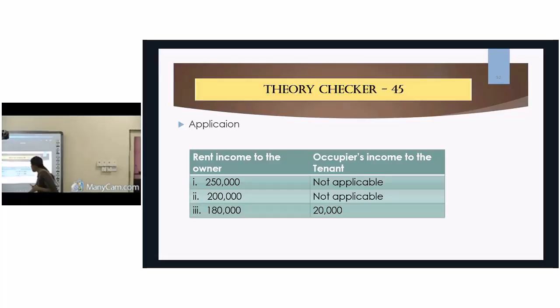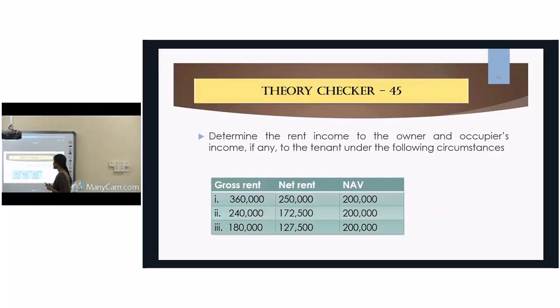Third situation is that net rent is less than the NAV, so that NAV would be the rent income, but you have to check whether there is occupier's income. Yes, there is occupier's income, because NAV is 200,000 minus gross rent paid by the tenant 180,000, so 20,000 occupier's income is there.